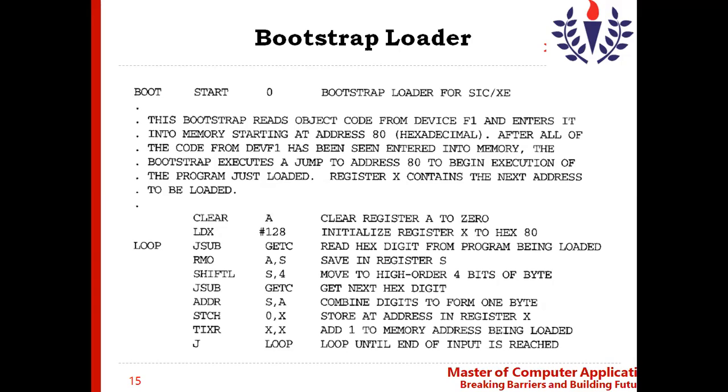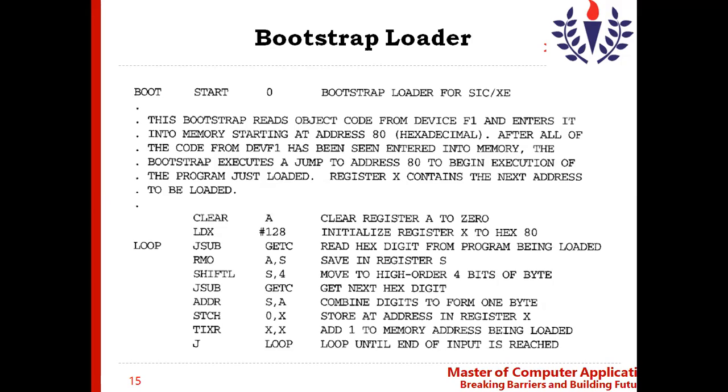Now what happens? Shifting the higher order 4 bits. From the lower order, it has to be shifted to the higher order bits, 4 bits, because when you read a character consisting of 4 bits, we use SHIFTL on the S register to move to the higher order bits.